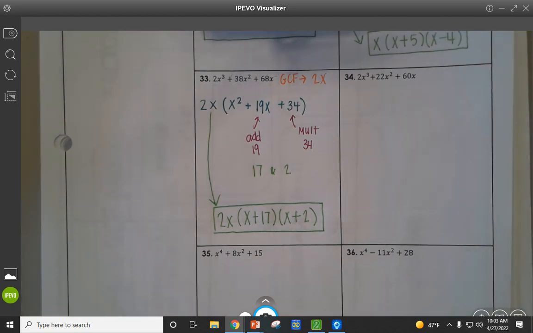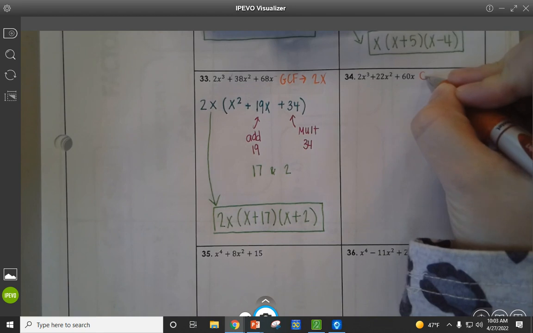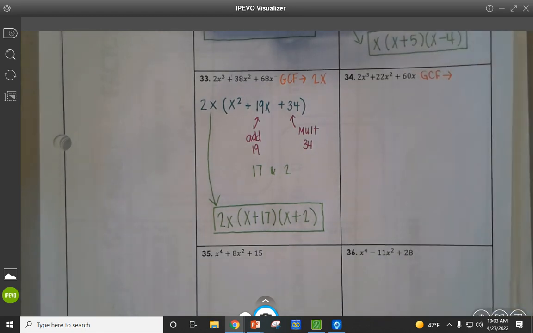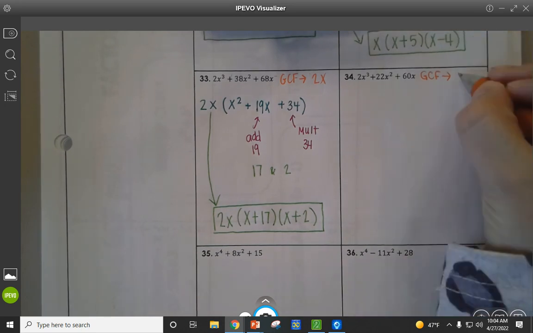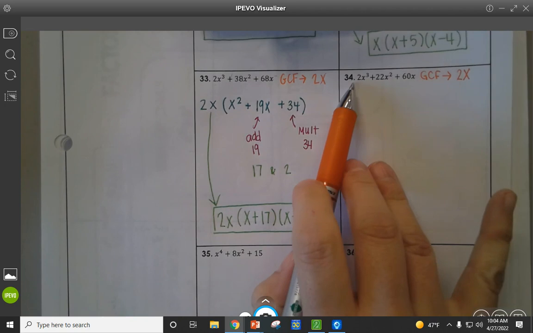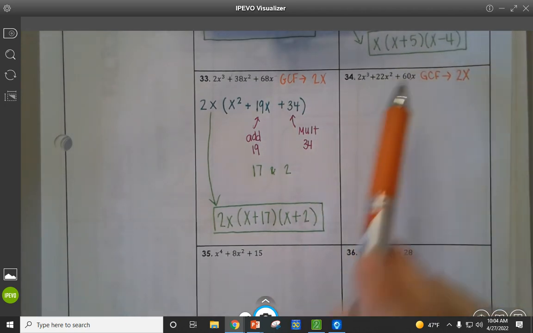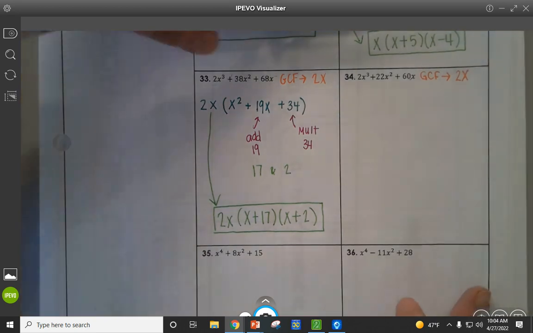Are there any questions on number 33? Number 34, is there a GCF? Yes. What is it? 2x. All three of these numbers are divisible by 2, and all three of them have at least an x.